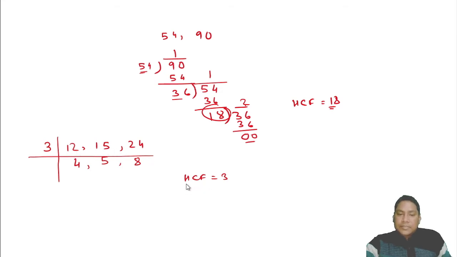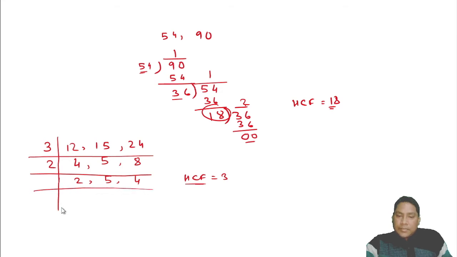So for the LCM, we will continue to divide by any number till we get 1 in the last. So we will now divide by the next number, 2. So we will write here, it will become 2. 5 is not divided by 2, so we will write 5 as it is, and 8, 4.